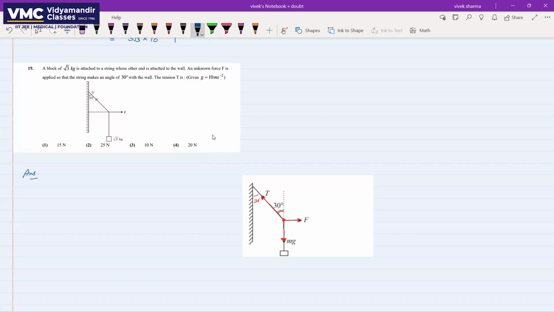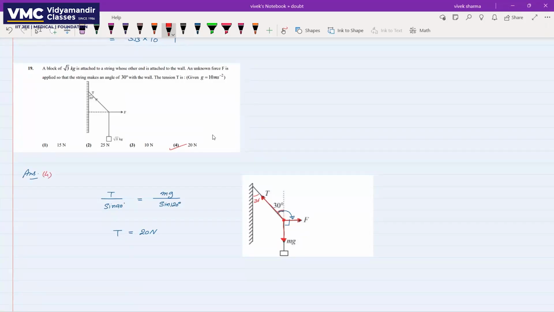So मैं Lami's theorem use कर लेता हूँ, and that is capital T upon sine of the angle between F and mg, this angle is 90, so T upon sin 90 is equal to mg upon sine of the angle between T and F, that is 120, divided by sine 120. m is given as √3. g की वैल्यू हमें 10 लेनी है. T calculate करेंगे, it will come out to be 20 Newton. So option 4 is matching. Correct answer is 4.